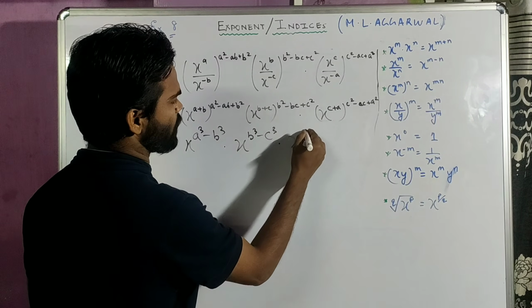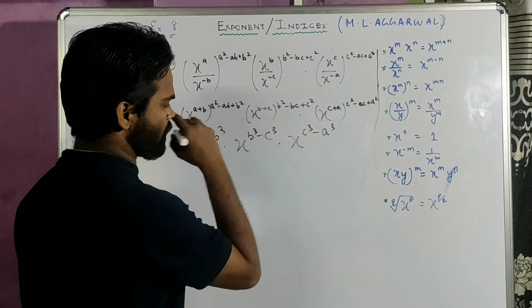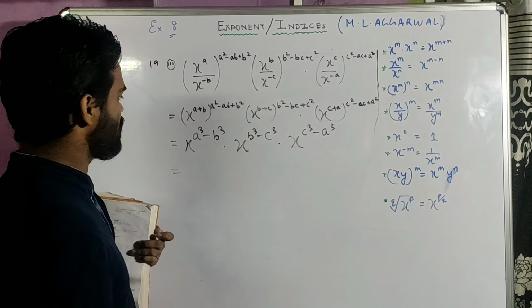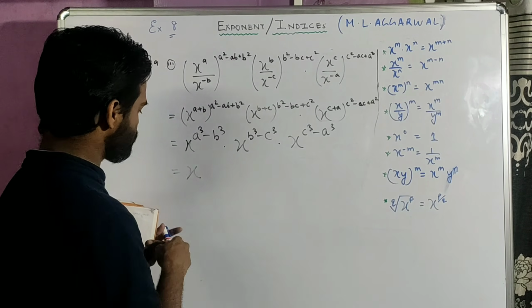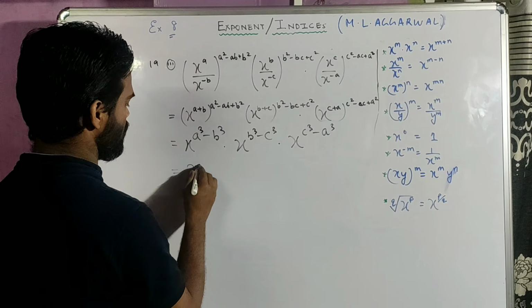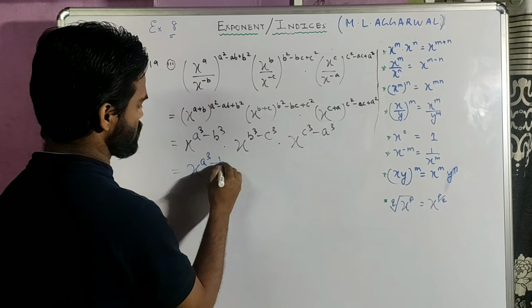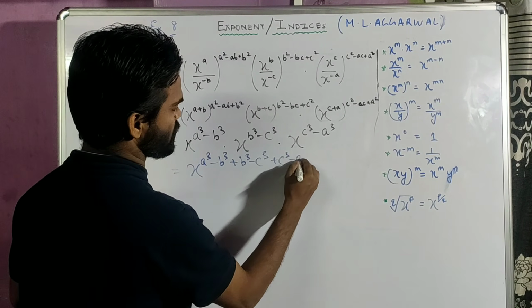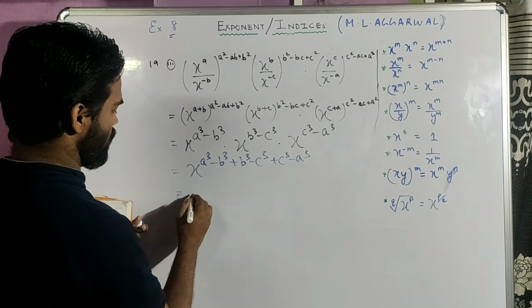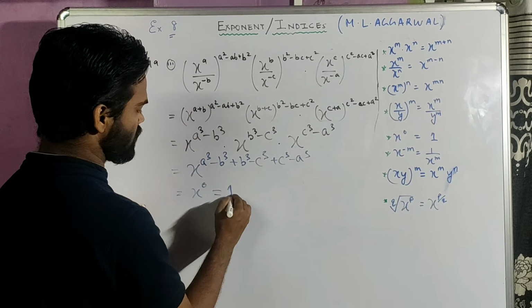This becomes x to the power c cube minus a cube. Now the bases are same, we can add the power, so this becomes x to the power a cube minus b cube plus b cube minus c cube plus c cube minus a cube. I think all the power cancels out, so x to the power 0, and that's 1.